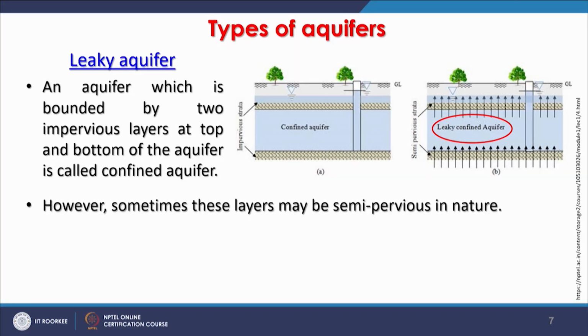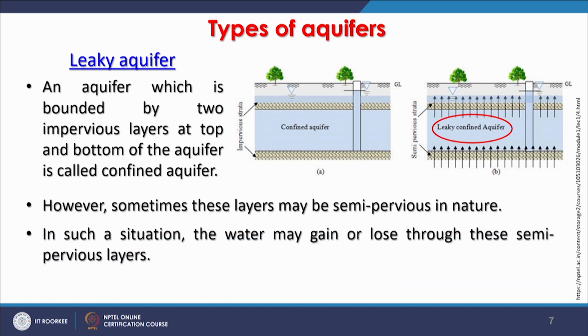See, these are just schematics which you are seeing, but in natural conditions you may not find exactly the same situation, especially in horizontal extent, because only in a section you may find something like this, but in a large aerial extent, you may not find the same situation throughout a command area or a basin.